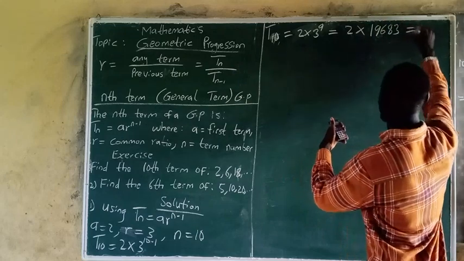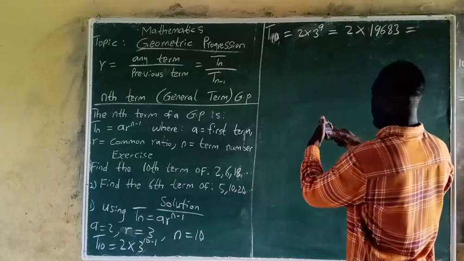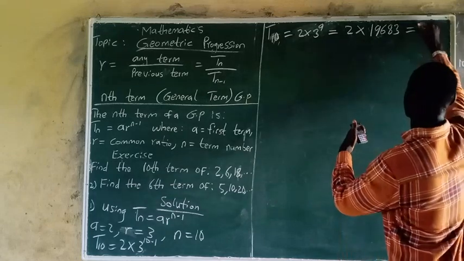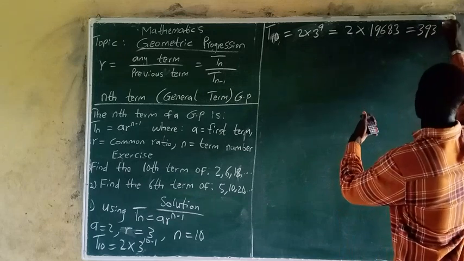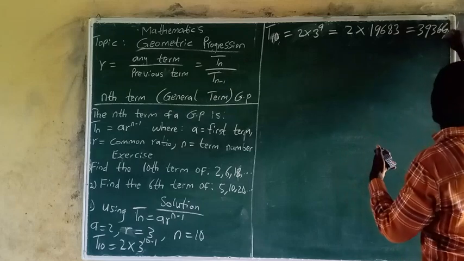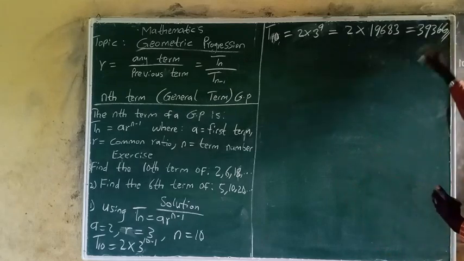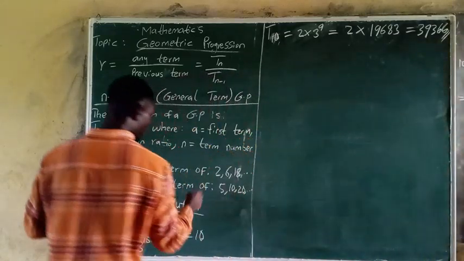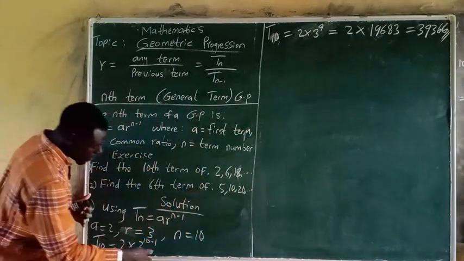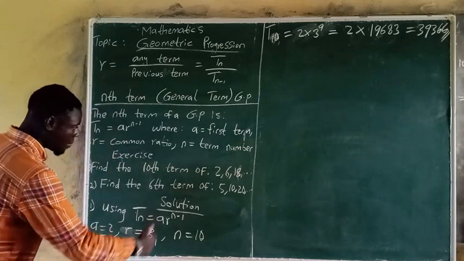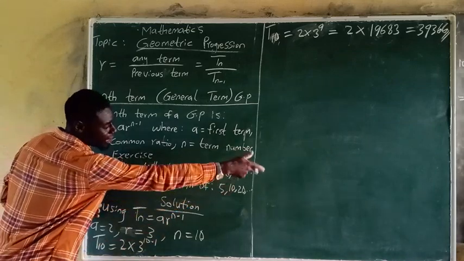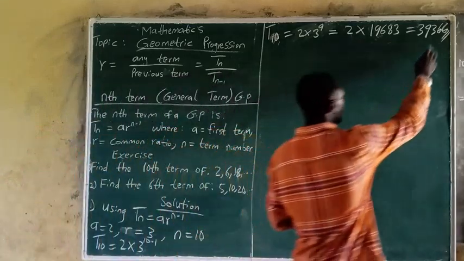Now when we multiply this by 2, it gives us 39366 as our final answer. This is the number we get when we continue multiplying by our common ratio, which is 3, until the 10th term.